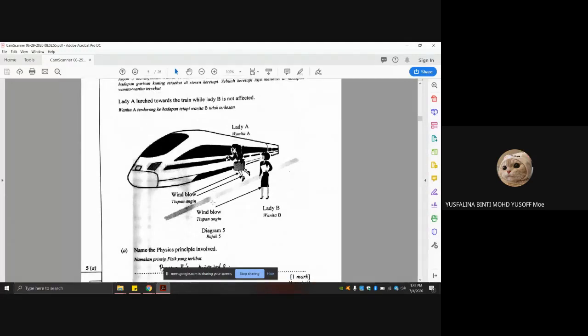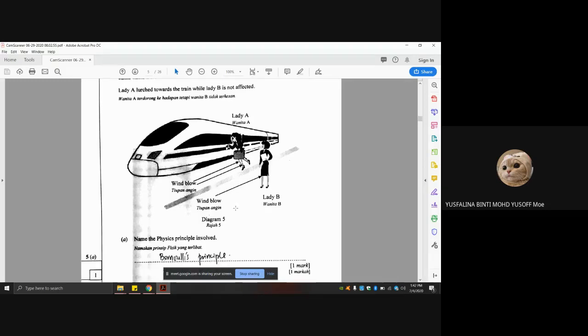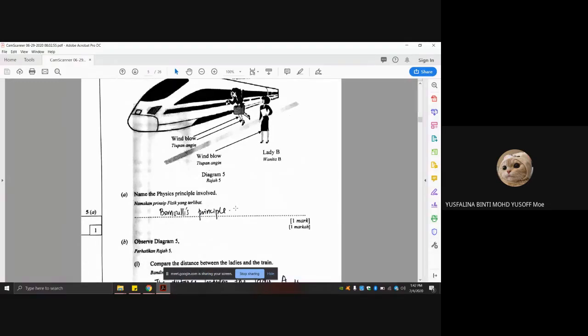So this is actually Bernoulli. Because the train moves faster, at this area the velocity is very high, so the pressure is very low, okay? So the pressure from outside will push lady A towards the train. This is called Bernoulli's principle.